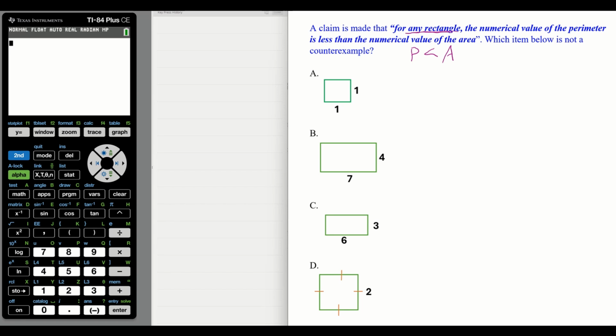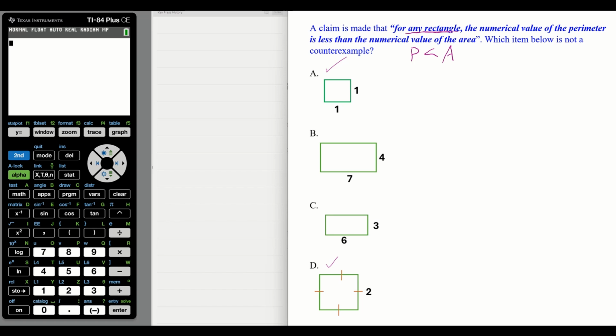No. So squares are rectangles, but it's not a two-way street. So this one is valid. That's just properties of squares and rectangles. All squares are rectangles, but not all rectangles are squares. I'm sure you've heard that in school.